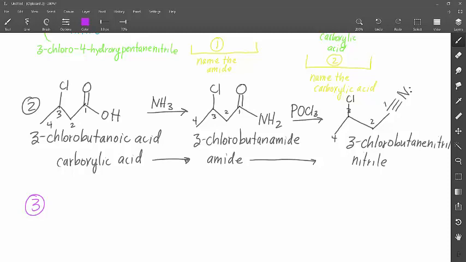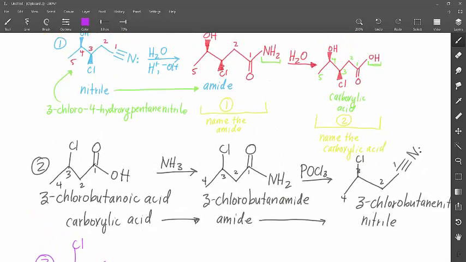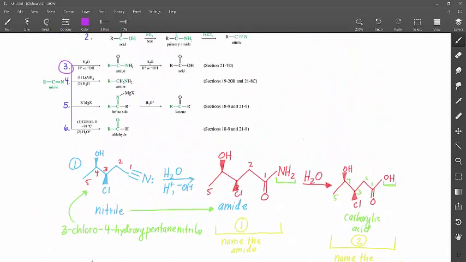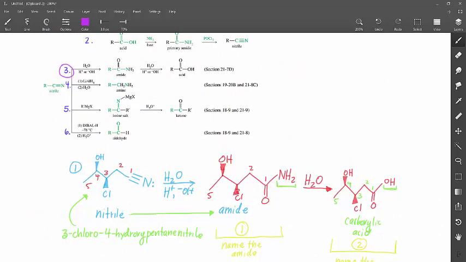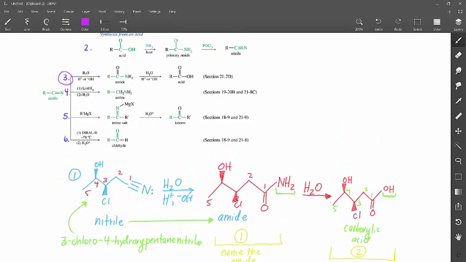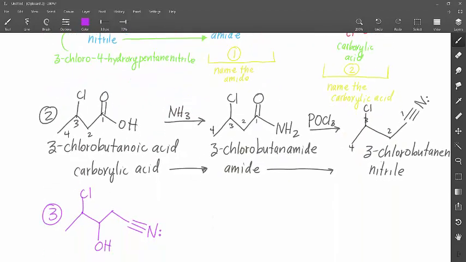I'll give you this nitrile. And I want you to take it through the entire process like I did. So for this, take it all the way through. This is your nitrile that you're going to use for number 3.